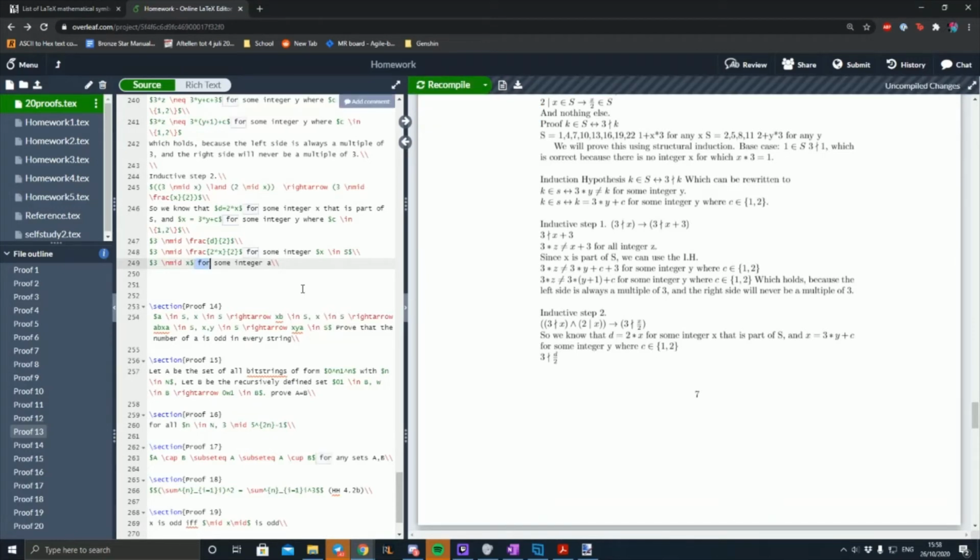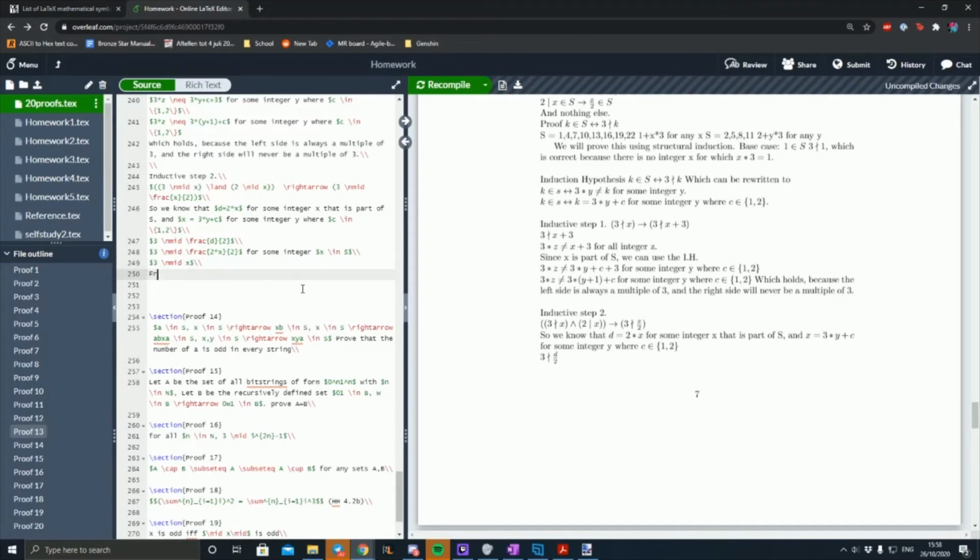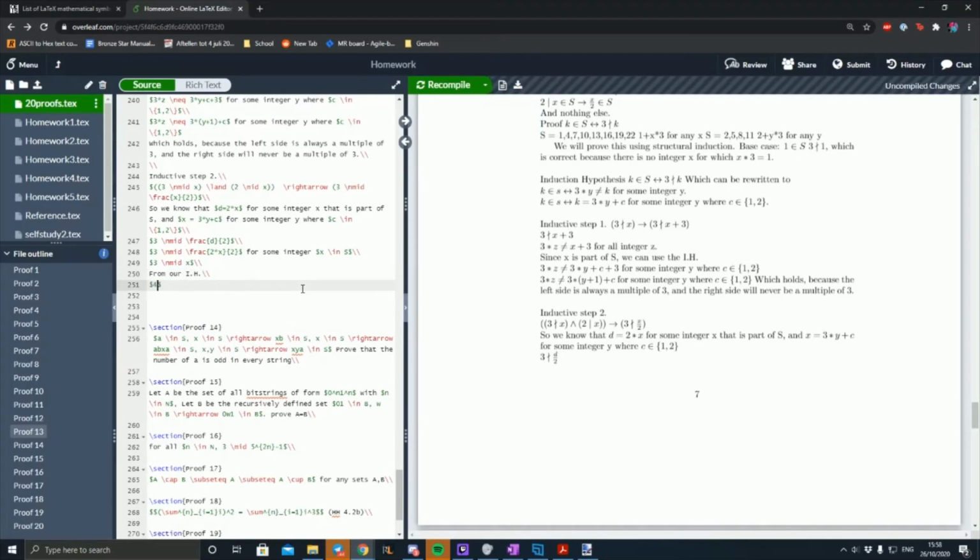Okay, so then we have this, and from our induction hypothesis, we know that x is equal to 3 times y plus c for some integer, and so on. And because we know that that's equal to x, we can say 3 and mid this thing.